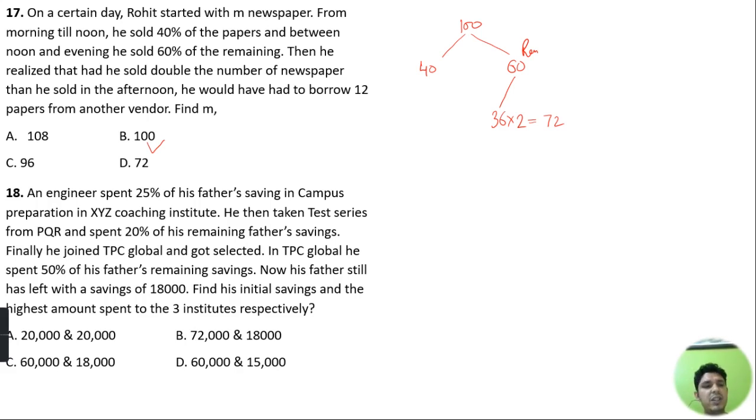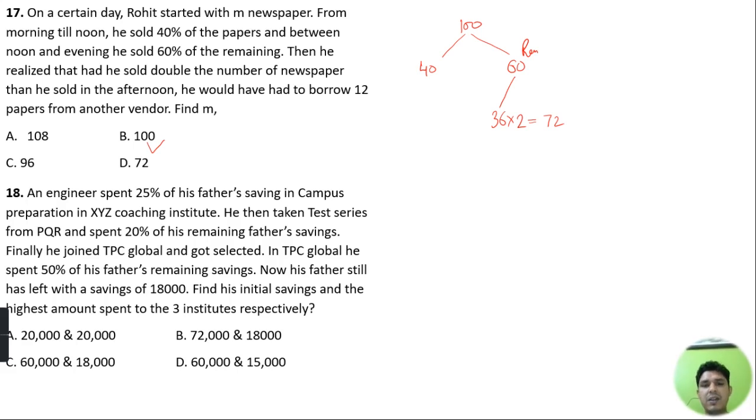In TPC Global, he spent 50% of his father's remaining savings. Now his father is still left with savings of 18,000. Find his initial saving and the highest amount spent in the three institutes respectively, right?